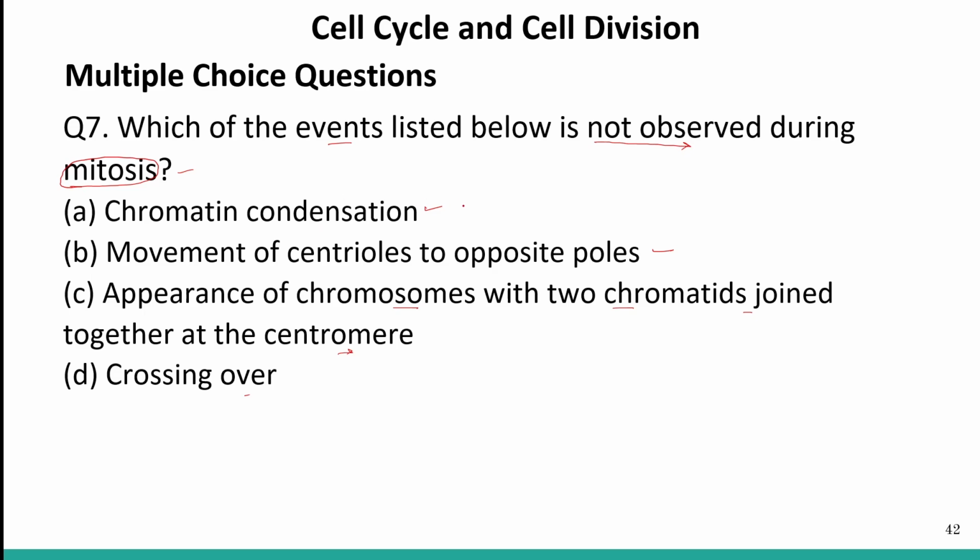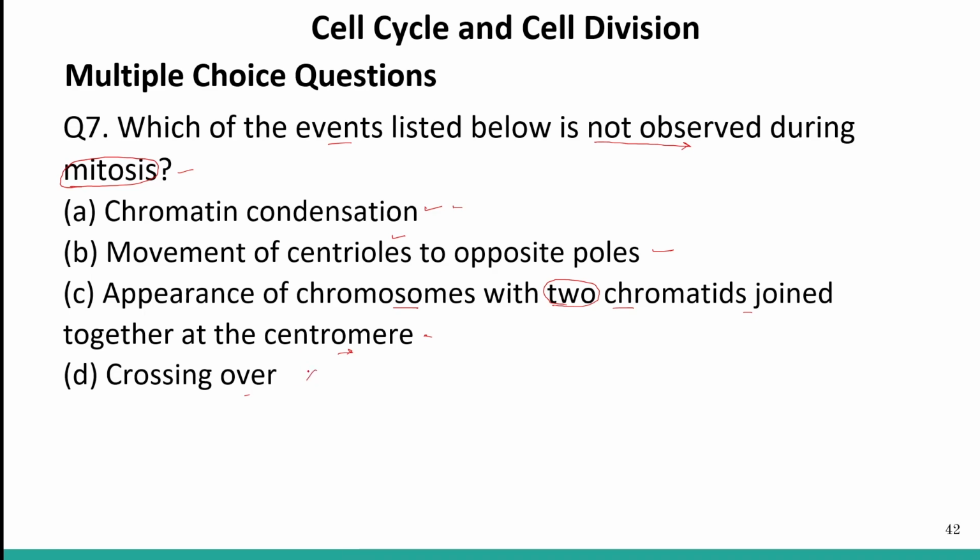Now chromosome condensation takes place, okay, during the prophase of mitosis. Okay, there is movement of centrioles also during mitosis. Okay, and due to the condensation of chromosome, the chromosomes appear as they are having 2 chromatids which are joined together at the centromere. Okay, and crossing over.